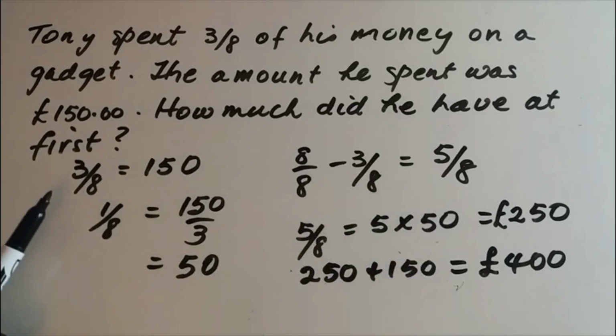To find 1/8, we divided 150 by 3, and we're able to find 5/8, which we know he had £250 remaining. And if he spent 150, then the sum of 250 and 150 gives us the amount he started with in the first place.